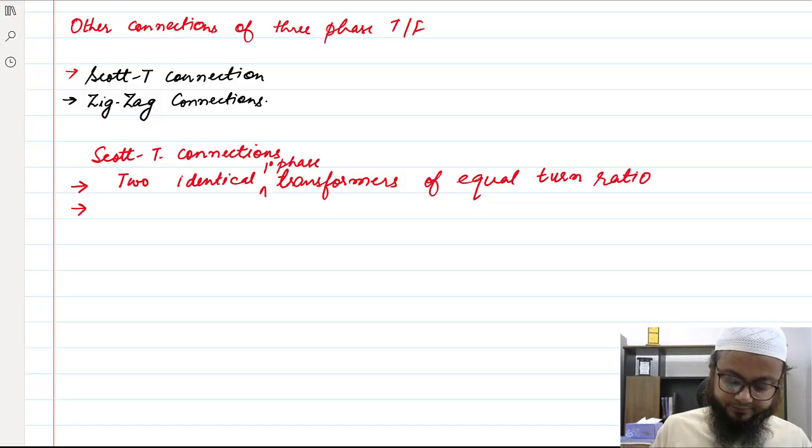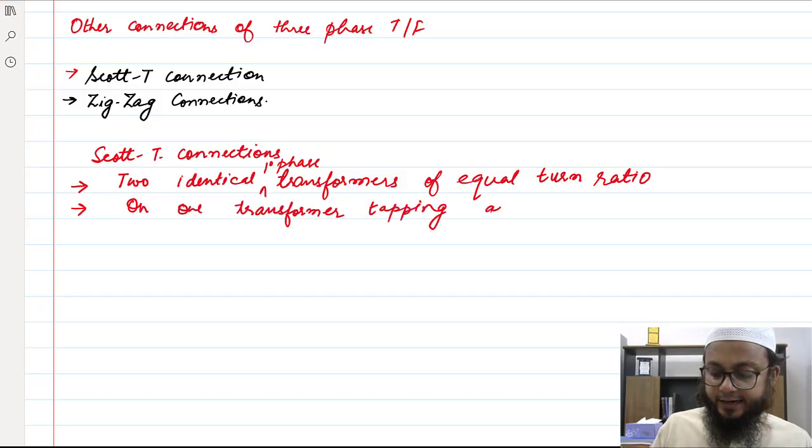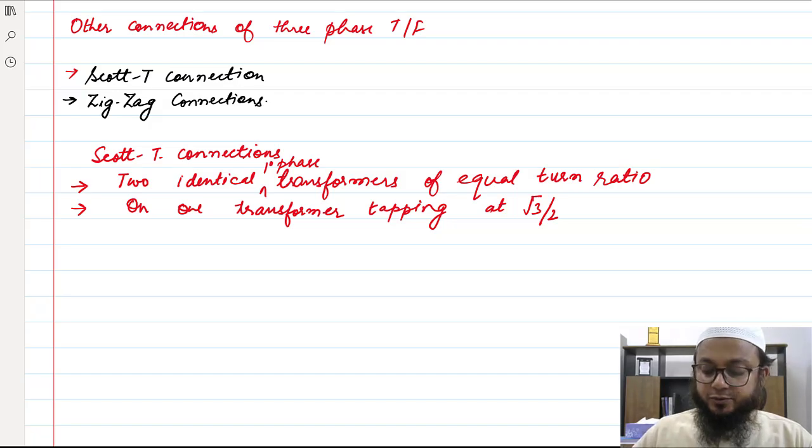And second, on one transformer we have a tapping at root 3 by 2 times the number of turns of the primary side, let's say NP. So on the primary side we have a tapping at this number of turns. Root 3 by 2 times NP is required.